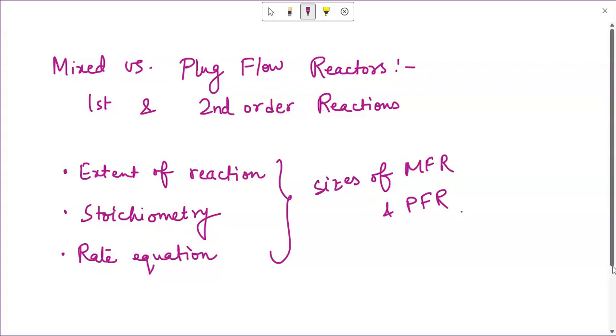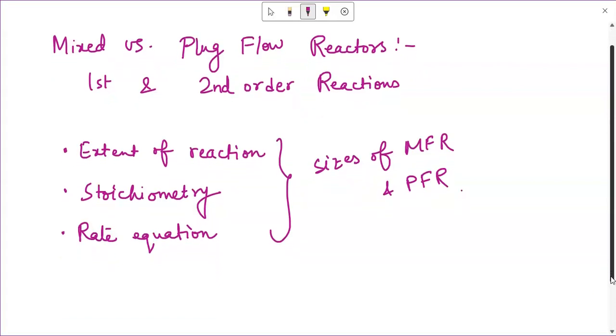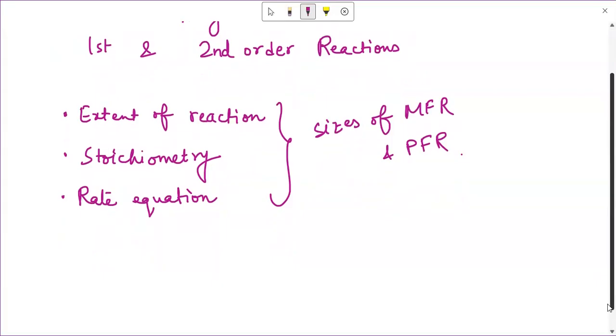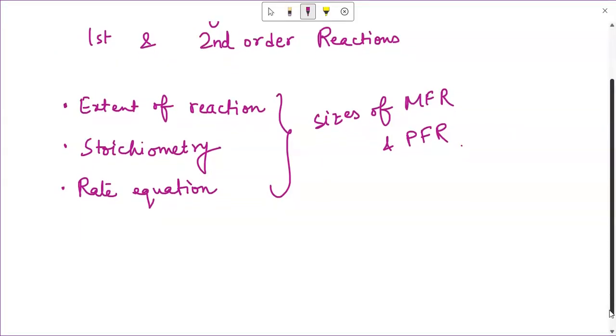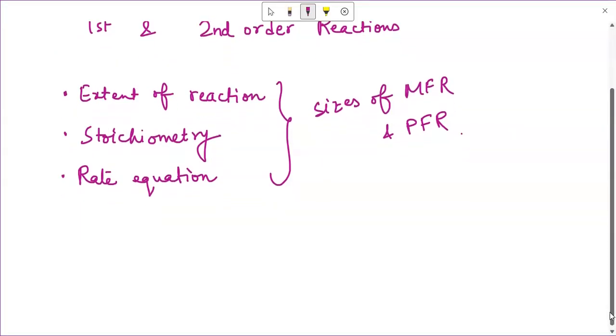Now, if you want to compare for a very general case, what would you do? You would compare the performance equations for these reactors. If you remember, when we were talking about the steady state mixed flow reactor and plug flow reactor, we had deduced the performance equations.